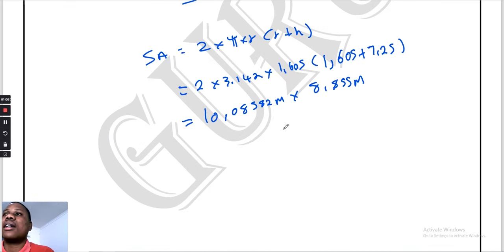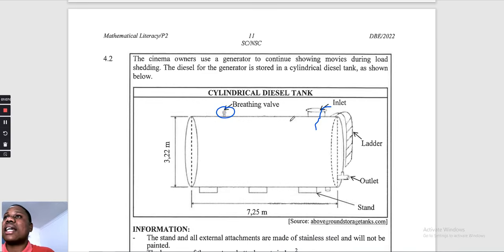Then when we multiply this by 10.08582, we get 89.3099, which we can round off to 89.31. So this is the outer part of the gas tank that needs to be painted.